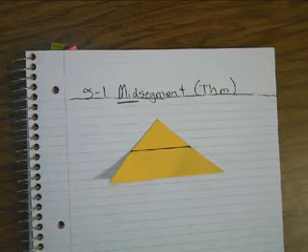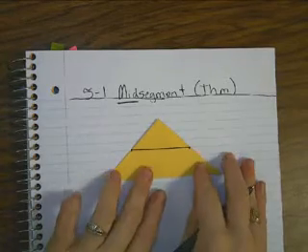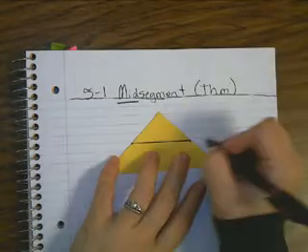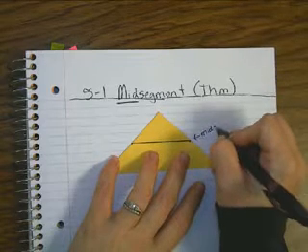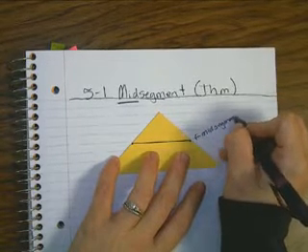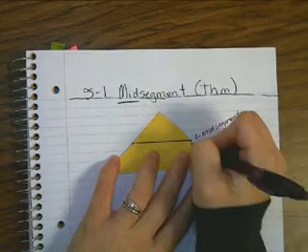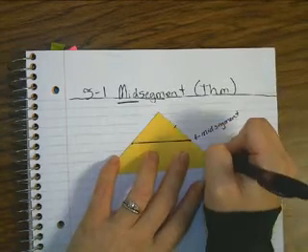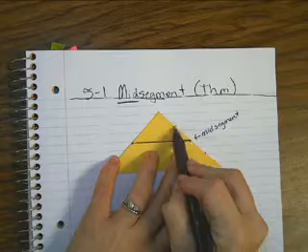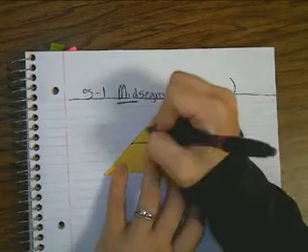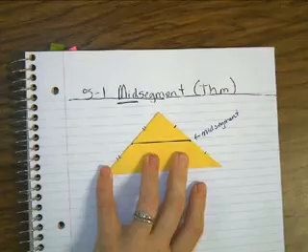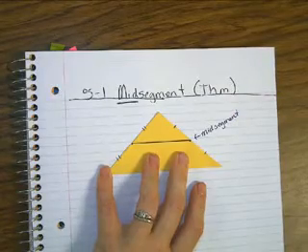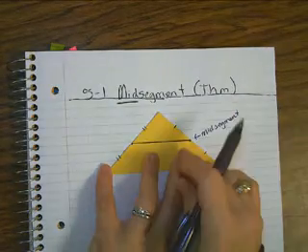Okay, so this will be my mid-segment. These are midpoints, which means that segment is congruent to that segment, and that segment is congruent to that segment.